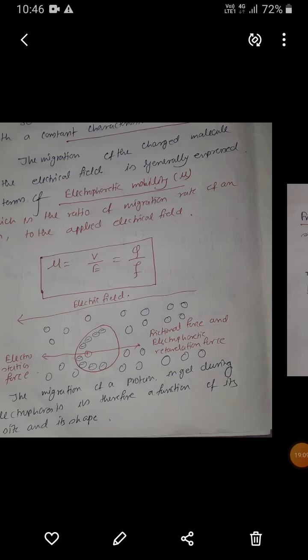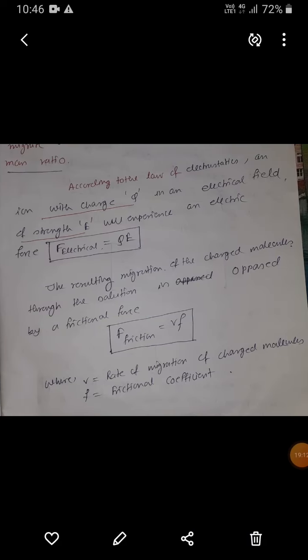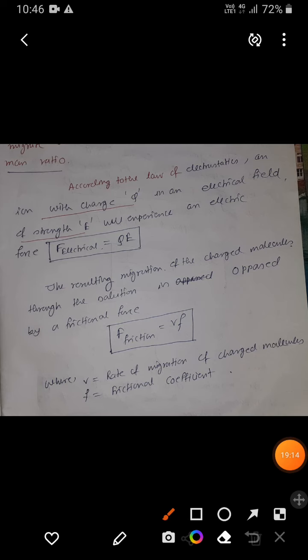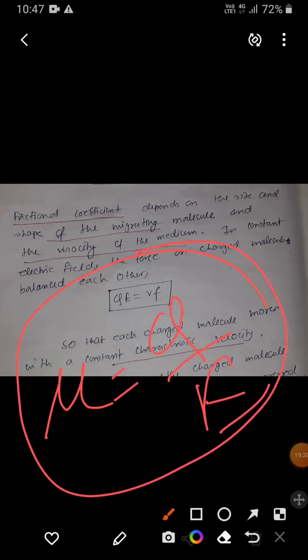So we have learned today about the basic principle of electrophoresis, how the electrical force QE and the frictional force work together to migrate the molecule. Then from that equation we derived electrophoretic mobility, the term which expresses the migration of the molecule.